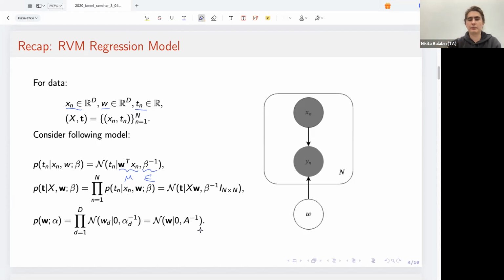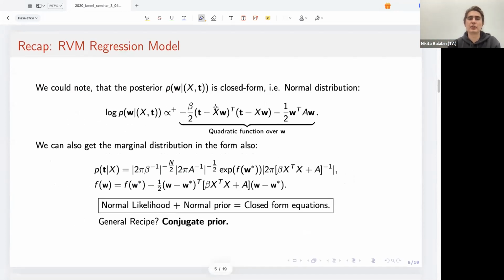To find our posterior parameters, we just explicitly solved these equations because with normal distribution, we can do so. And we obtained that the posterior distribution is again normal with some updated parameters. And also, since we worked with convenient distributions, we found the predictive distribution here.